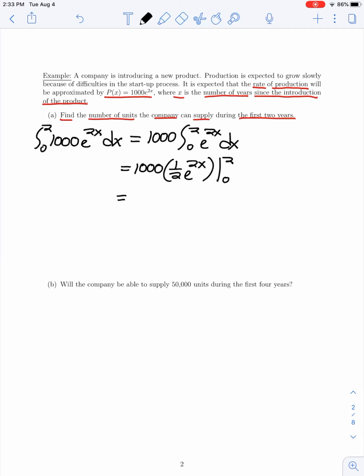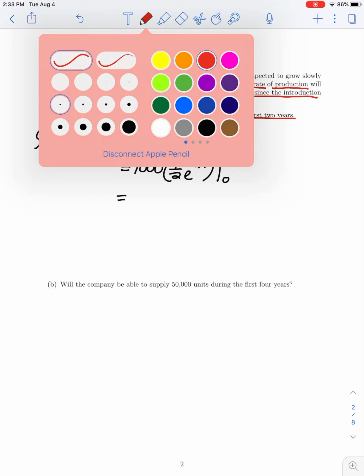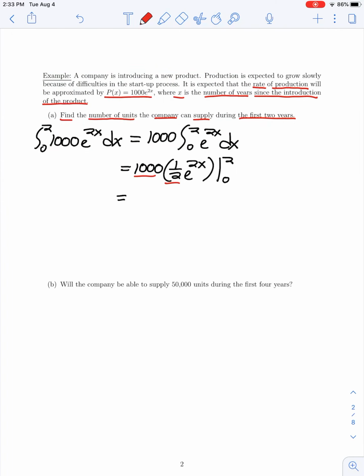So, simplifying a little bit, we have 1,000 times 1/2, which gives us 500 e to the 2x, evaluating from 0 to 2. So I have my constant 500 out in front, and then I evaluate this antiderivative when I substitute 2 in for x, so that would give me e to the 4th.